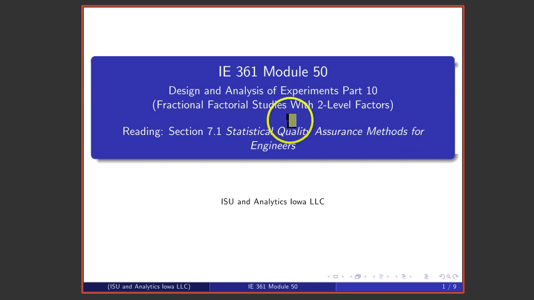This is the topic of fractional factorial studies, and the last 6 modules cover this, as sort of the high point of this whole discussion of experimental design and analysis.